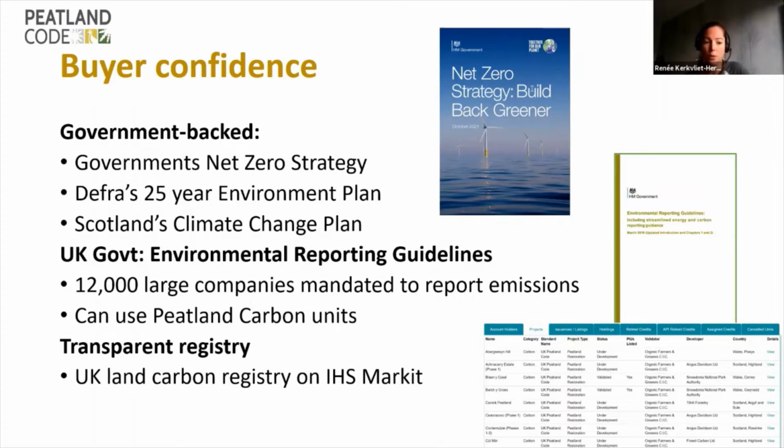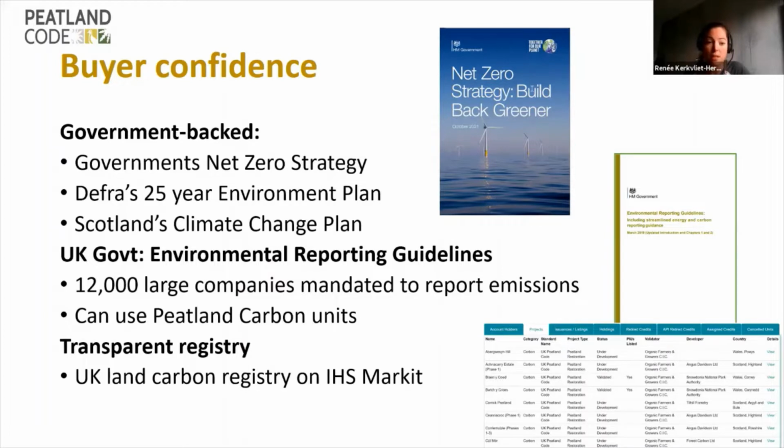In the UK government's environmental reporting guidelines, which cover 12,000 large companies that have to report their emissions, they don't have to reduce, but they have to report. And in there, it shows that those companies can use peatland carbon units as well. That's obviously really important, because that's how companies can reduce their net emissions.